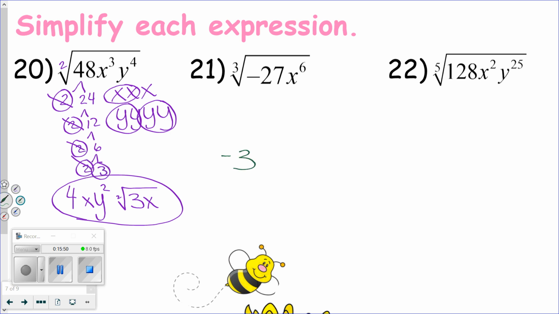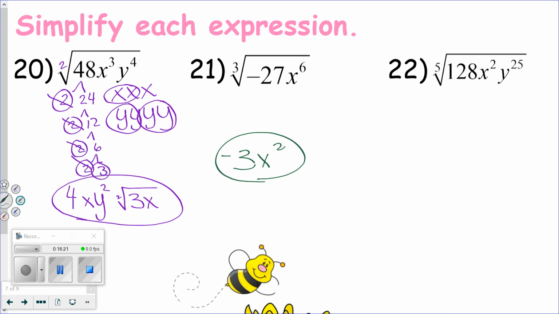The cubed root of negative 27 is negative 3 because it's negative 3 times negative 3 times negative 3. 3 negatives make a negative. And then times negative 3 makes that another negative. Yep. And then the cubed root of x to the 6, that's just x squared. So is there any leftover stuff at all? No, that one was perfect, like the other ones we were doing.